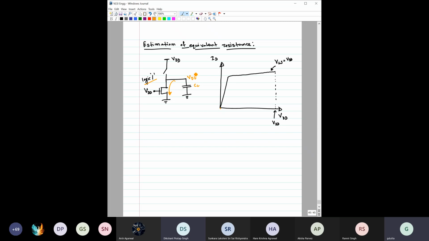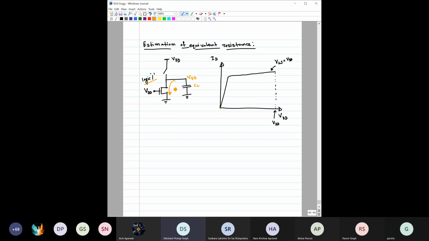Remember, this CL does not mean it is the only fixed load capacitance. It can be the next stage inverter as well. In that case, both gate capacitances, which are initially charged, have to be discharged through this MOSFET.